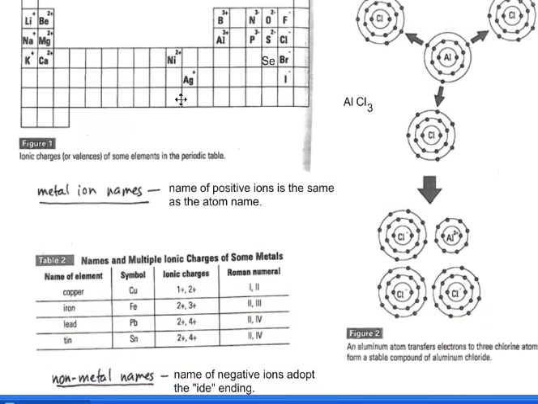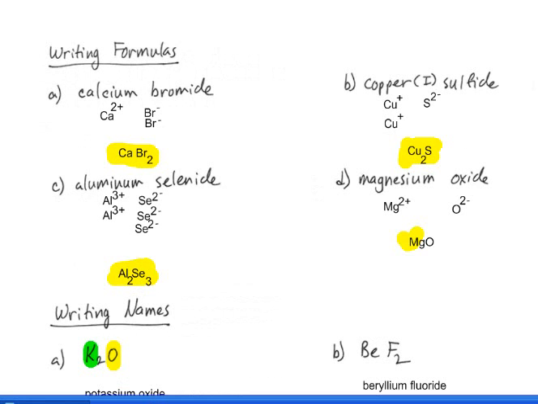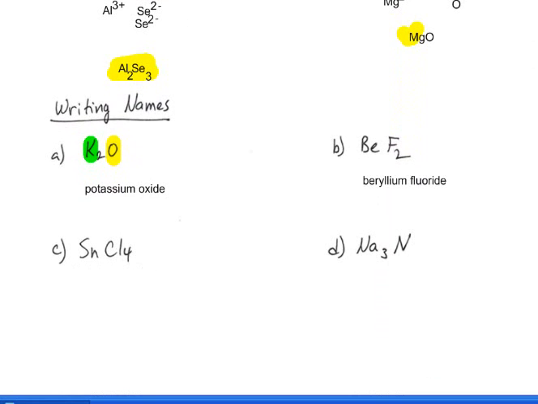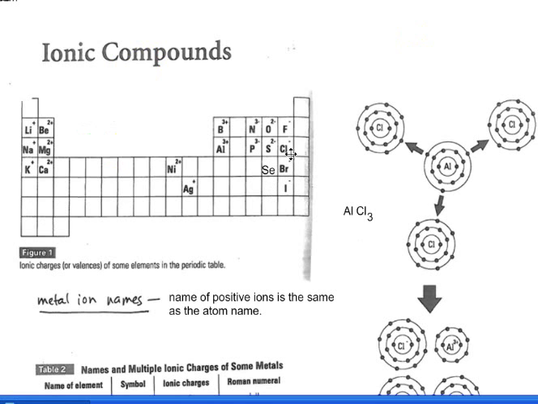Over here, SnCl4. Now, you won't see Sn over there, but it's one of these middle elements here, one that has more than one option. So you can see here at this chart, Sn could be 2 positive or 4 positive. So tin is either worth 2 positives or 4 positives. The trick to figuring out which one it is is looking at the other element. And the other element in this case is chloride, and we need 4 of them. So let's take a look. Chloride is worth 1, and I need 4 of them, which means that's going to be a total of 4 negatives.